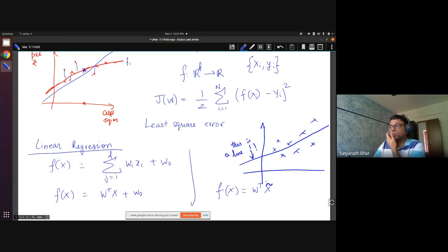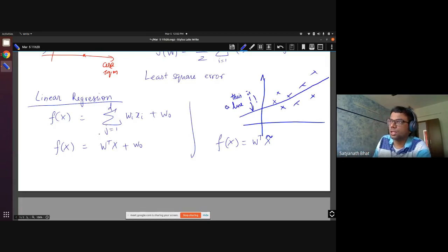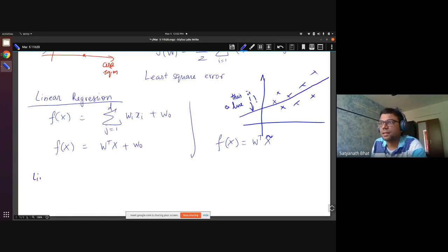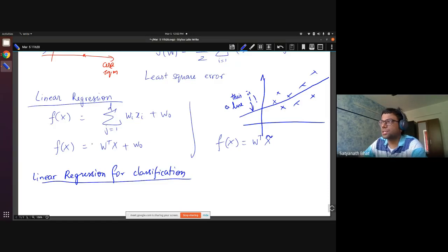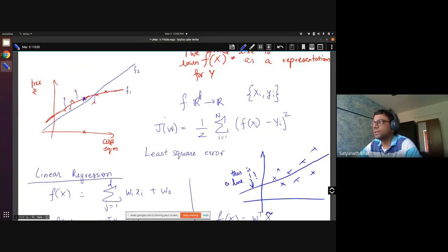Now you can also use it to learn your classifier also. That is called linear regression for classification. What that means is, there is no restriction in the discussion here.